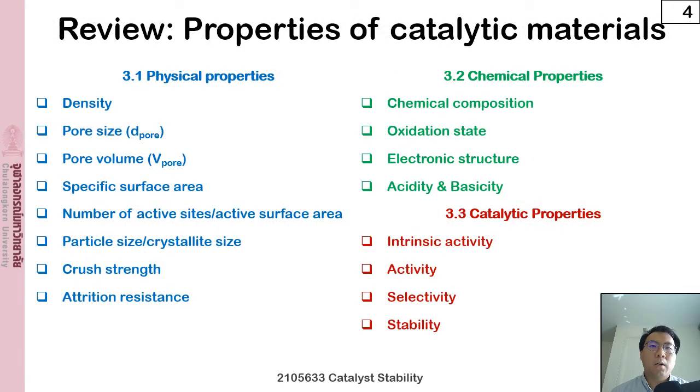These are the properties that you will find and can measure in your catalyst. For the physical properties, some important properties in this classification are the specific surface area and the active surface area. Catalytic materials with high specific surface area can enhance the activity of your catalyst because you can disperse a lot of active sites onto the support.